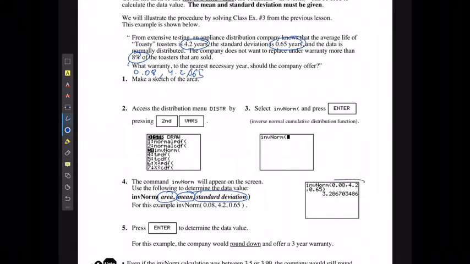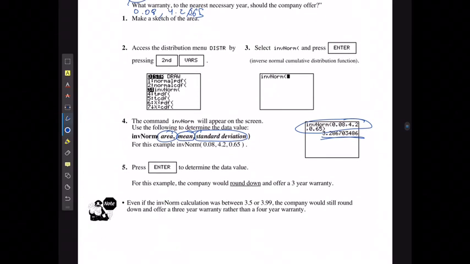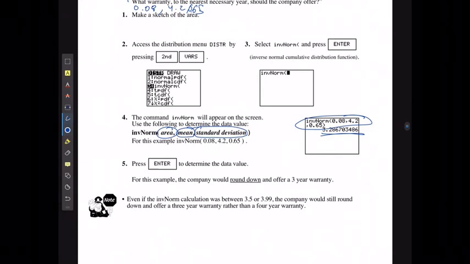And when I put that into the calculator, it shoots out the answer of 3.286. And in this case, because it doesn't want to offer more than that, I would always, for a word problem like this, round down. No matter what the answer was, if it said that it was 3.9, I'd still round down because they don't want to offer more than 8%. If I went up to 4, it would be more than 8% of the data. So in this case, I'm always going to round down.